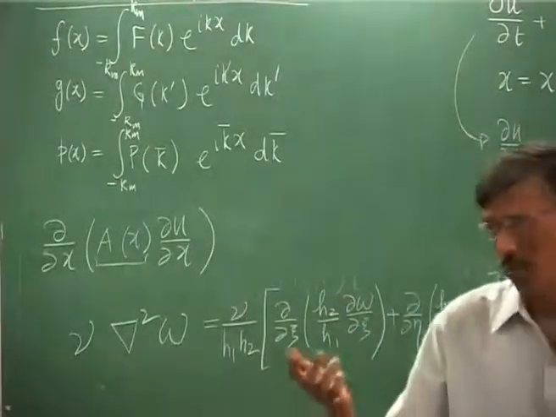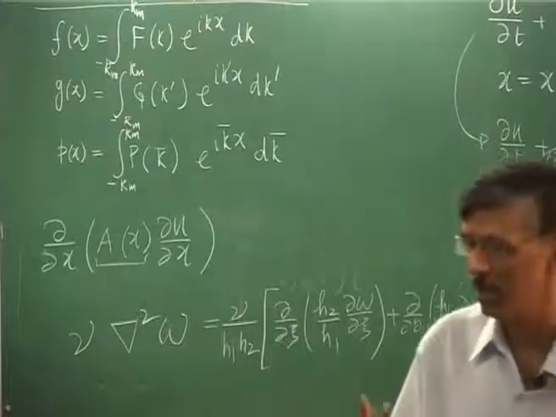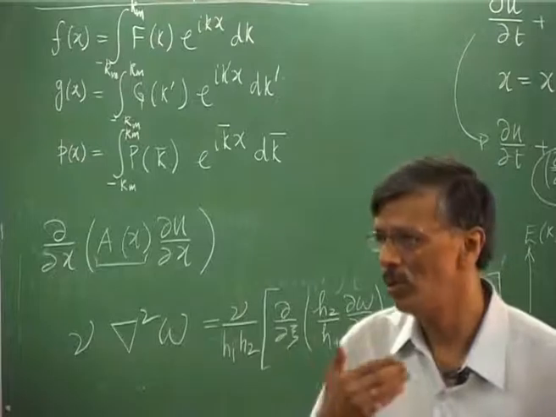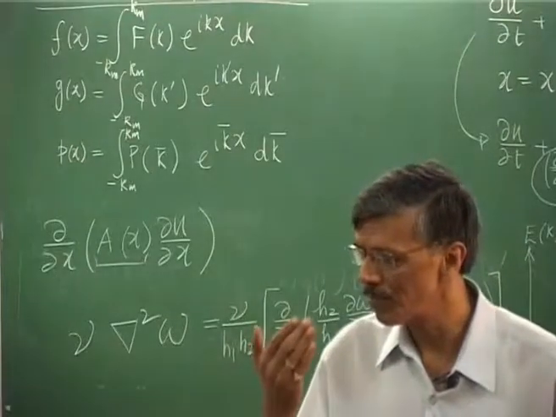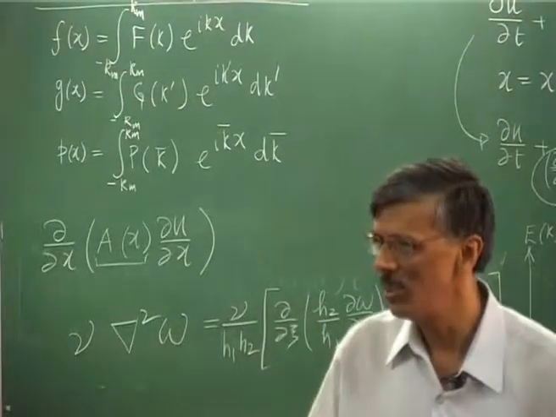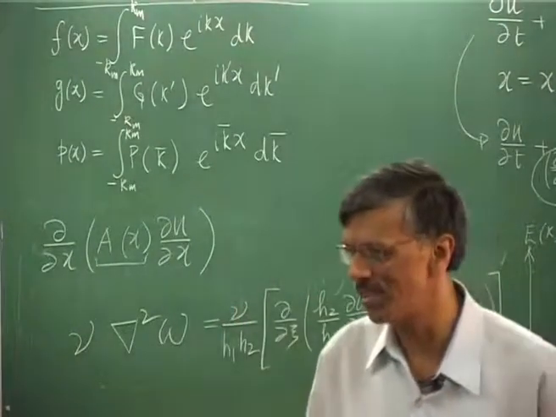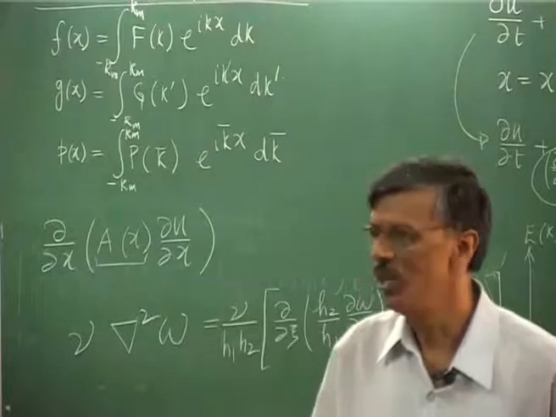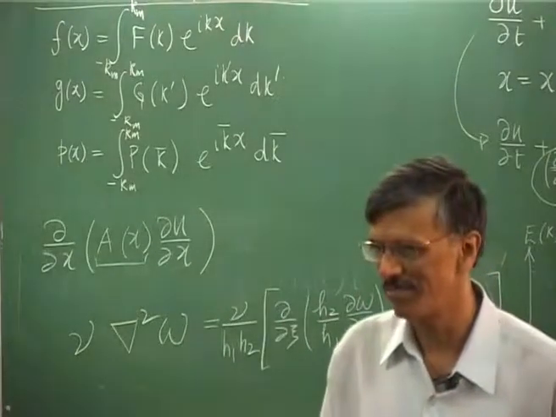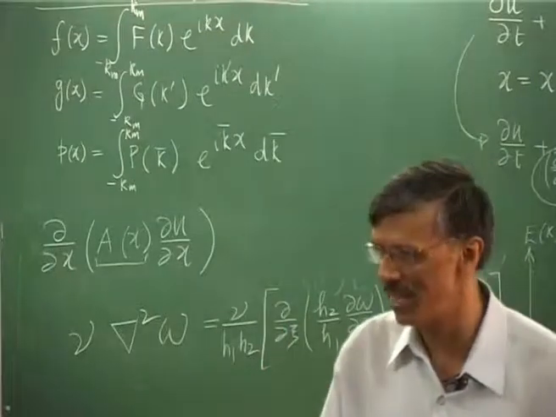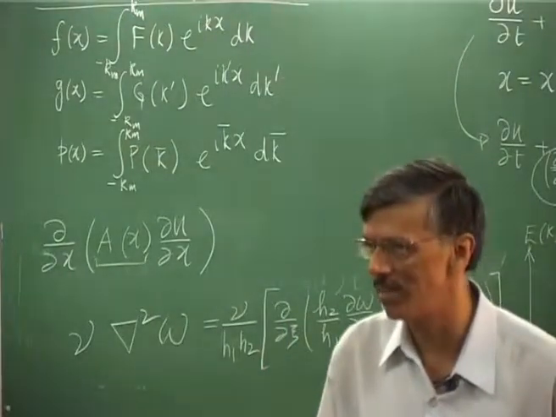You all would agree with me that in numerical operation, if you do some kind of integration, you actually smooth out, whereas when you differentiate, you accentuate. So if I have some error quantity and I am differentiating, that gets magnified.